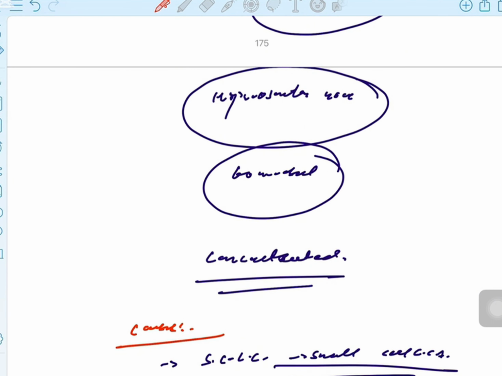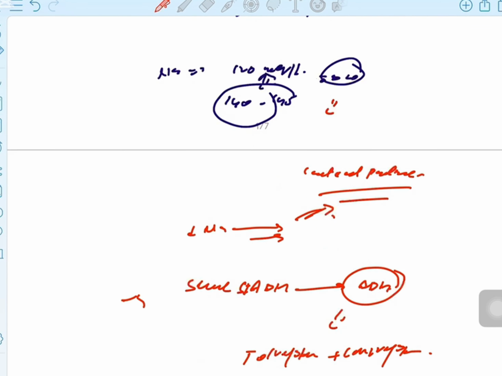I will also give a read from the USMLE Step 2 CK, so no one remains confused. And now I will repeat some important points which you guys should understand. Number one, guys, important points. Number one, antidiuretic hormone is released from where?